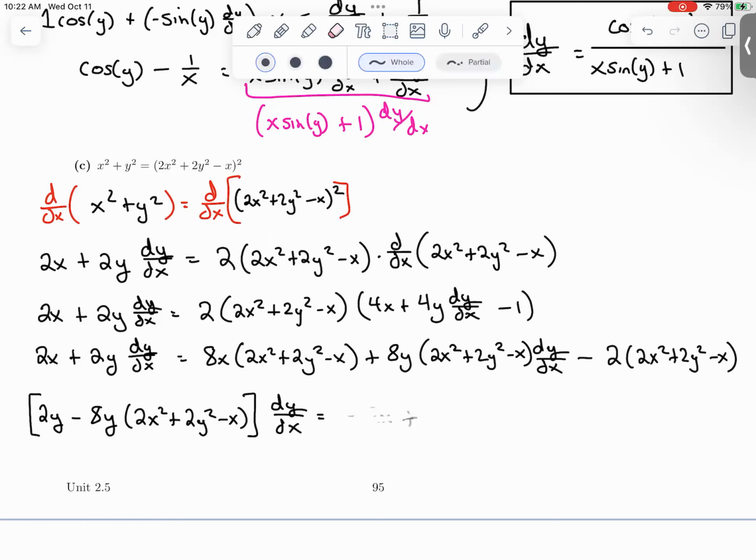Guess I could write it a little bit better. I need to give more space on this problem.